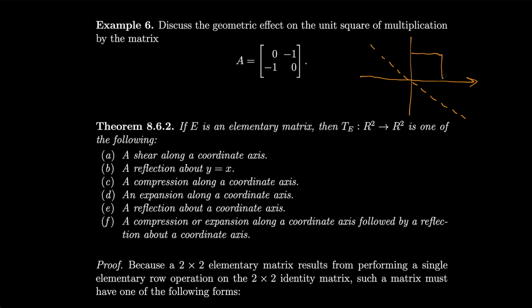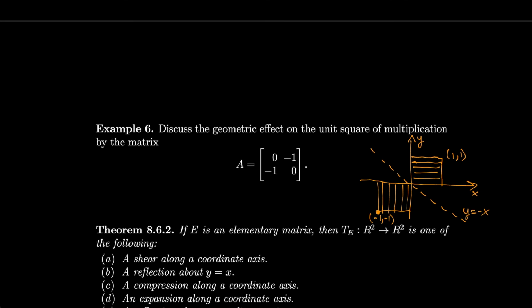I'll just have my unit square over here because it swapped x and y and it made them negative. So I'll still end up over here. I just have a reflection. And so notice the shading is actually different here. You have to be kind of careful.